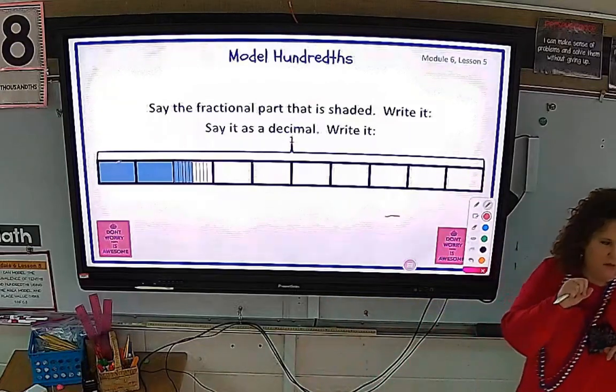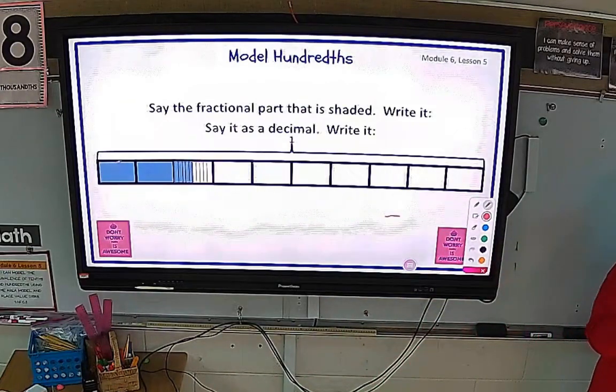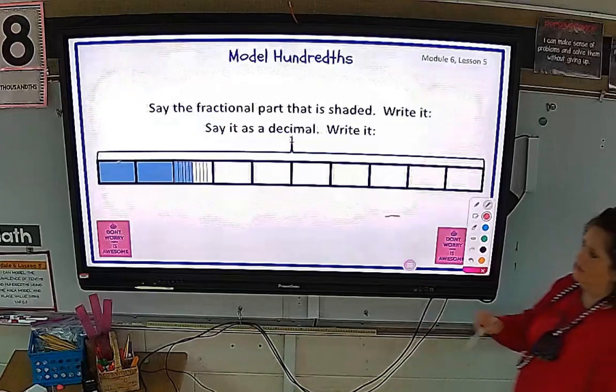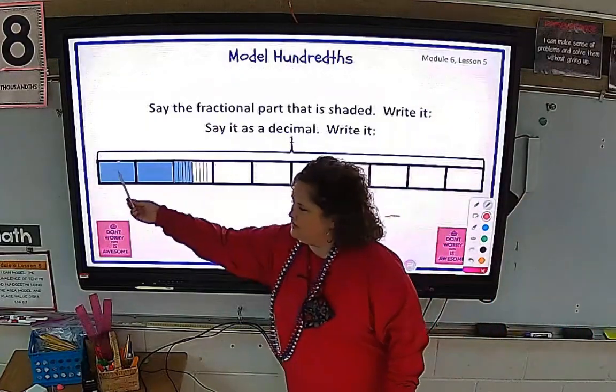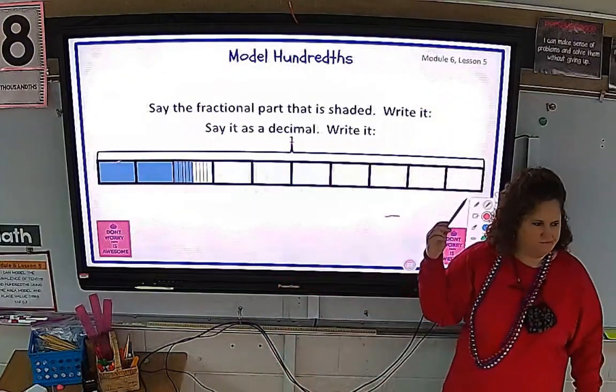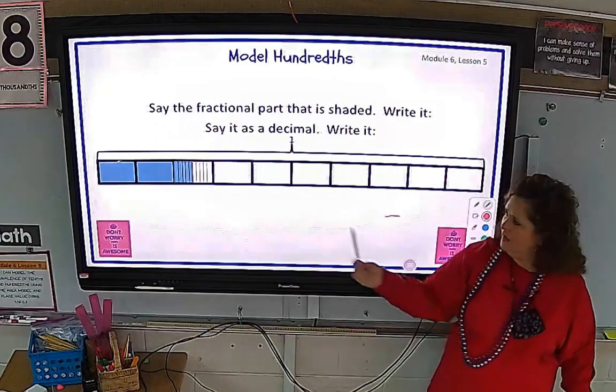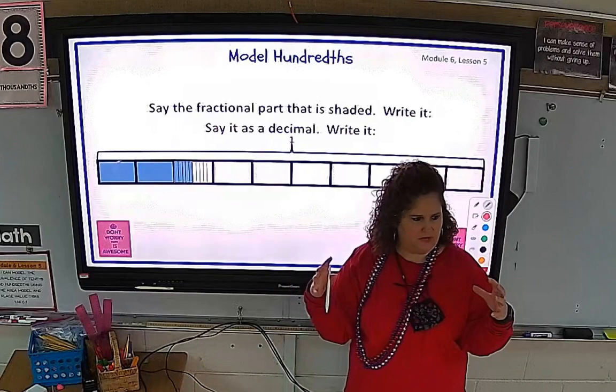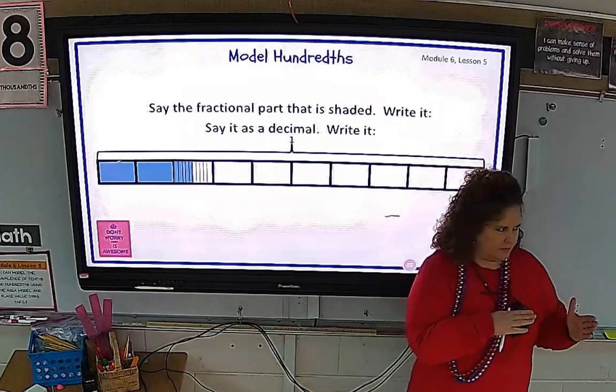Okay. Now, guys, just like it took me a while to draw that area model and put all the lines in it, if you're asked to do a tape diagram, this is kind of a shortcut way to do it. I don't have to cut every single piece. I really just need to cut the one that's not all the way filled up so that I can show how many pieces are filled up.